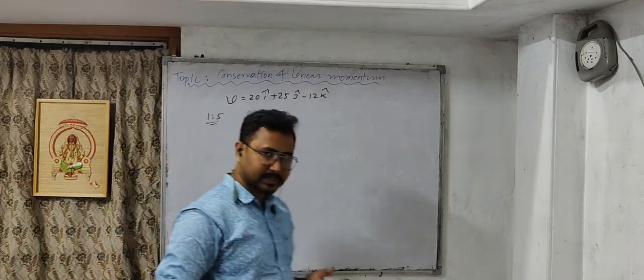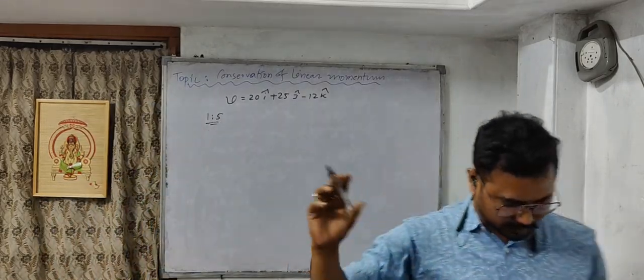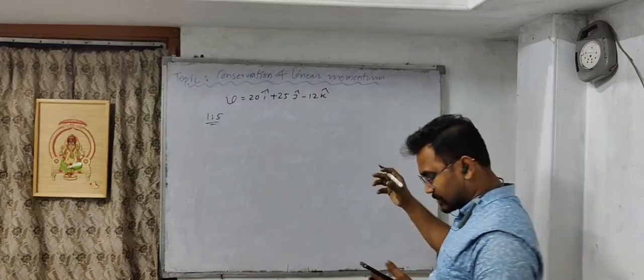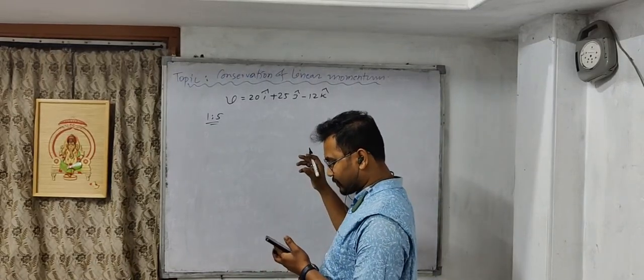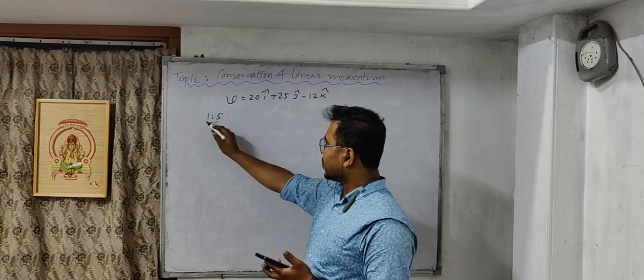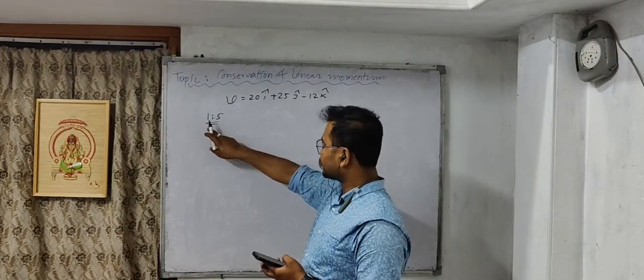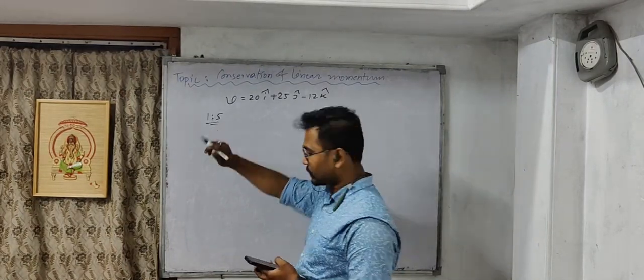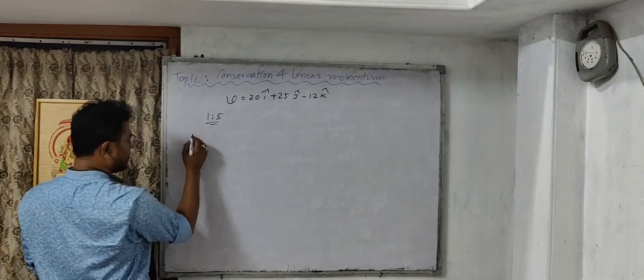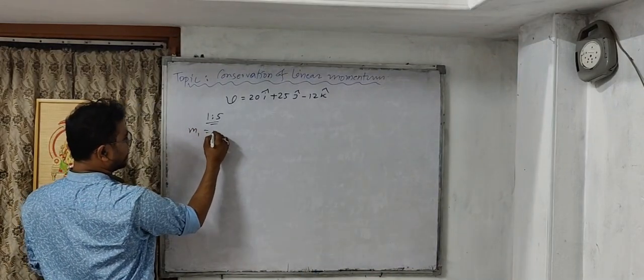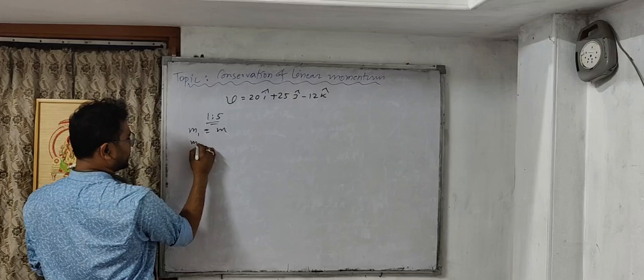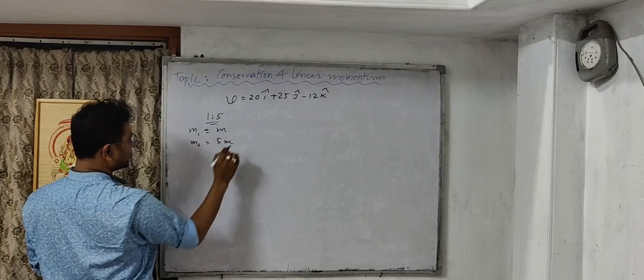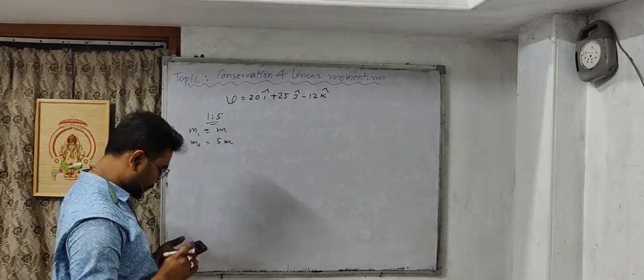So there is an object moving in the air, and after some time it breaks into two pieces in such a way that the ratio becomes 1:5. Suppose the smaller piece is m1, which we take as m, and the bigger piece m2 will be 5m, correct? Good.